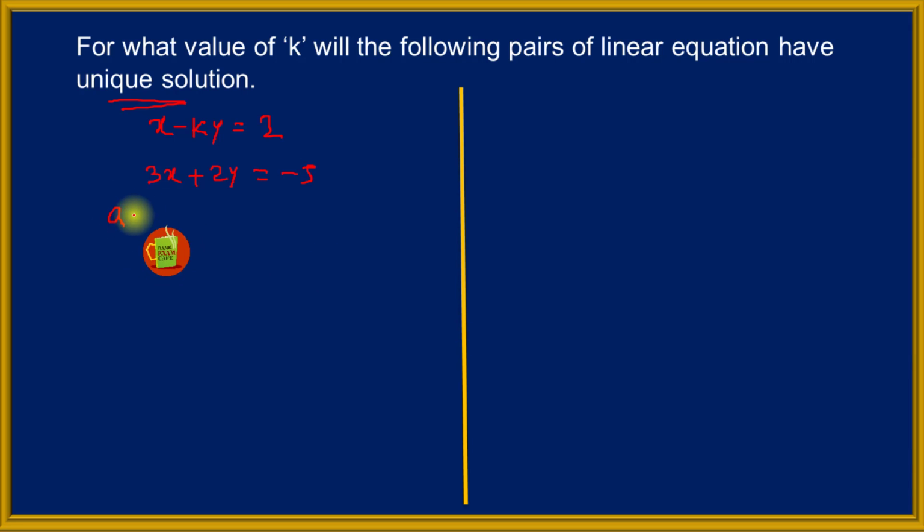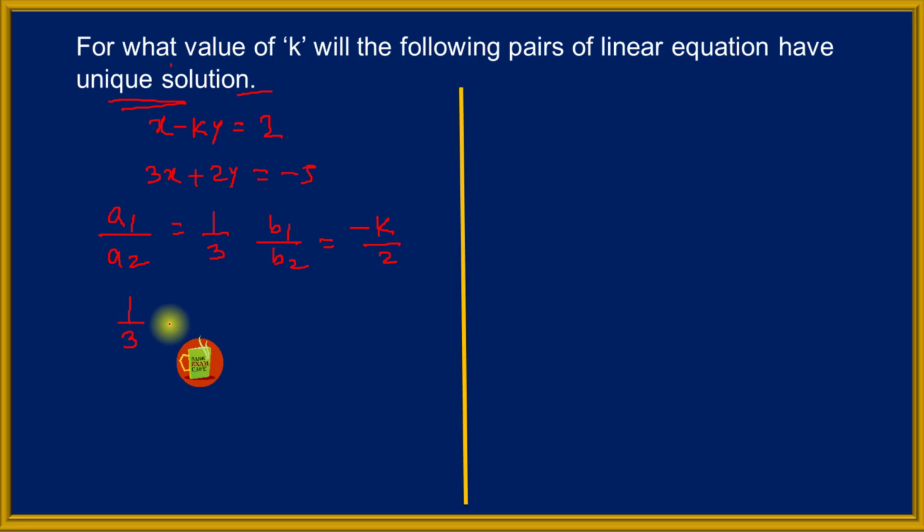So first we will find a1 upon a2. That will be 1 upon 3. Then we will find b1 upon b2. b1 is minus k and b2 is 2, so it will be minus k upon 2. Since the equations have a unique solution, these two should not be equal.